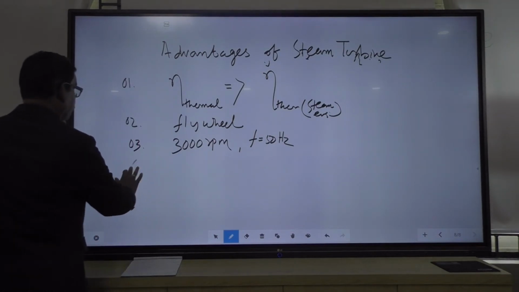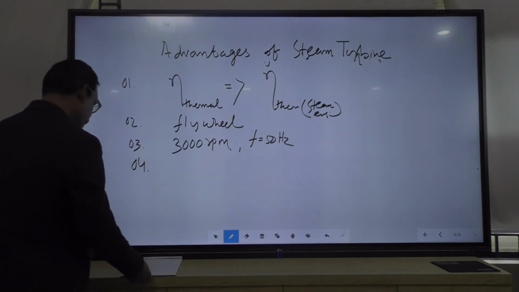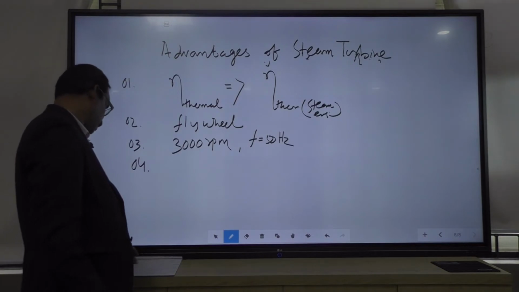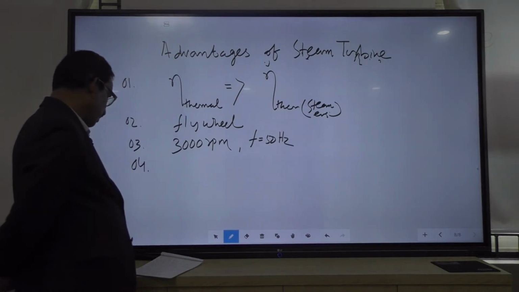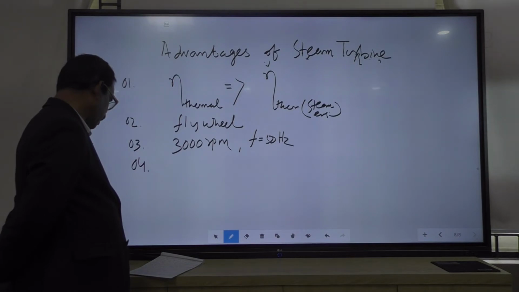Number 4 advantage, or merit: in a large thermal power station, where we need higher output, steam turbines prove very suitable, as these can be made in big sizes.